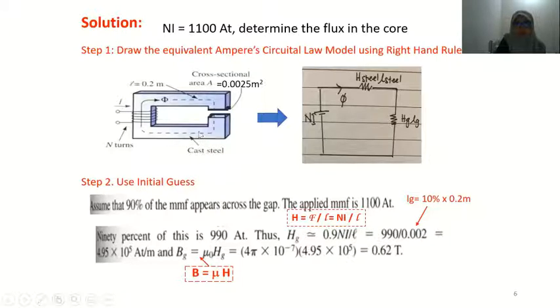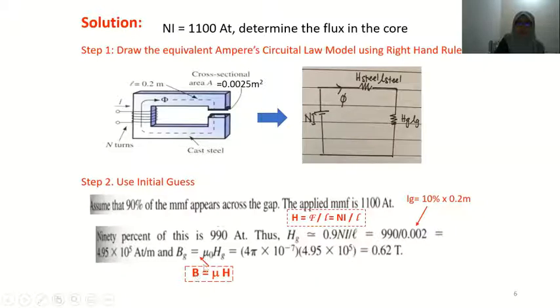How much is 10% of 0.2? It's 0.02 for the length of the LG, the length here. So you have Hg as 4.95 times 10 power of 5.